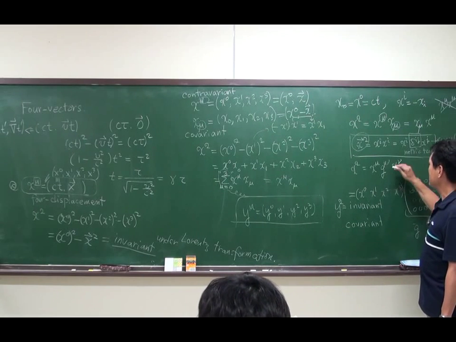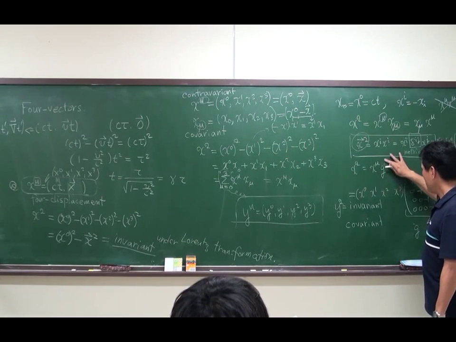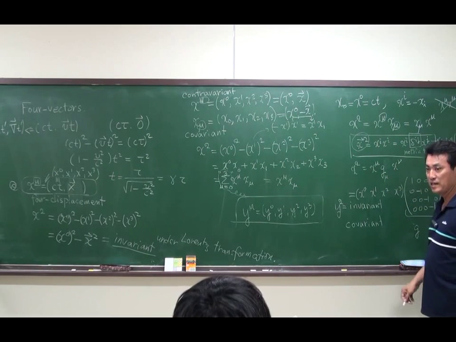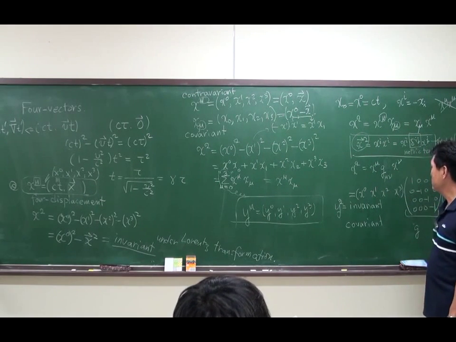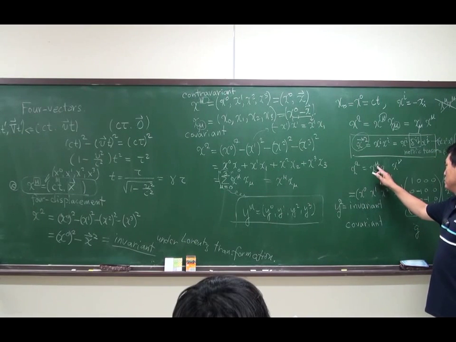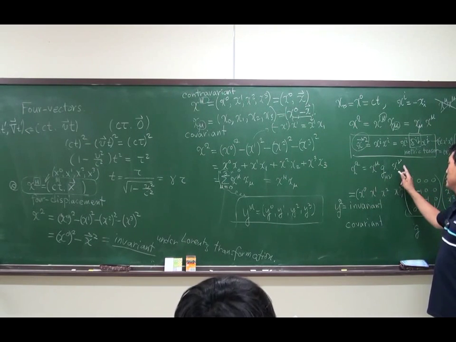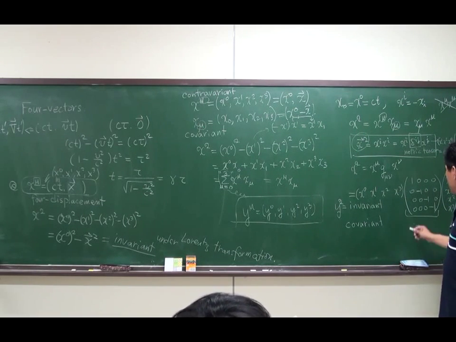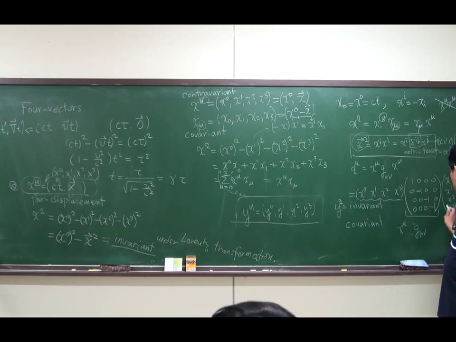So this is not a good expression. So we use mu as a lower index and nu as a lower index, so the mu's and nu's connect. So this matrix, this is x^μ, this is g_μν, and this is x^ν.